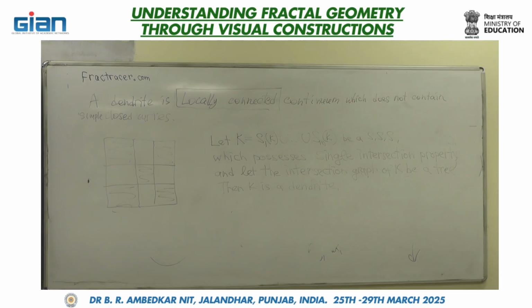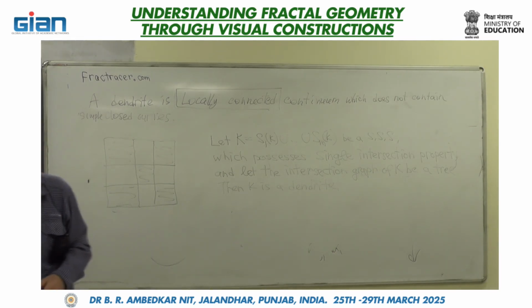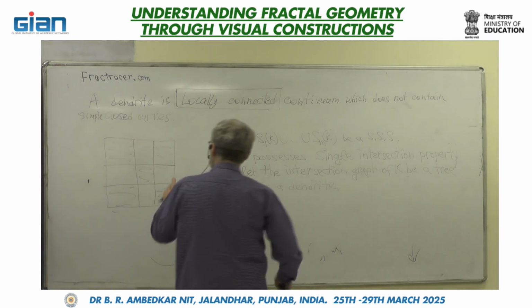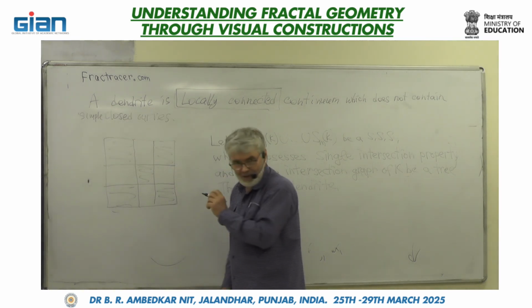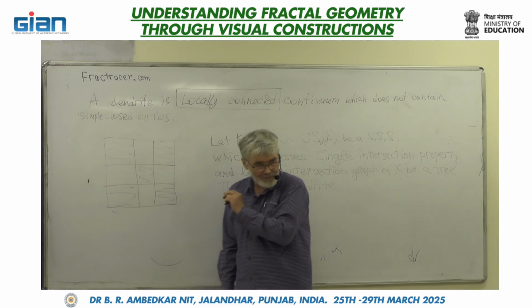But I need to explain what kind of intersection graph I keep in my mind, so that you could keep this notion in your minds too. So consider this Sierpinski-type set. Yes, it has 5 copies, right?